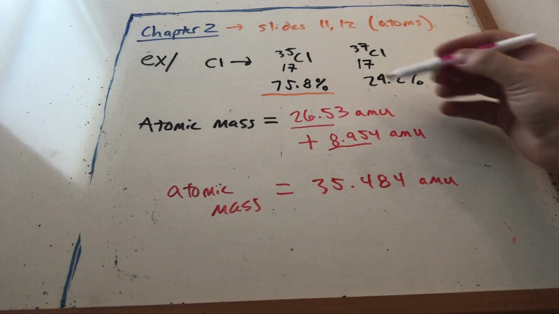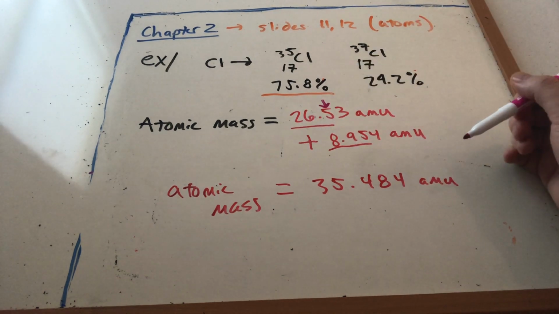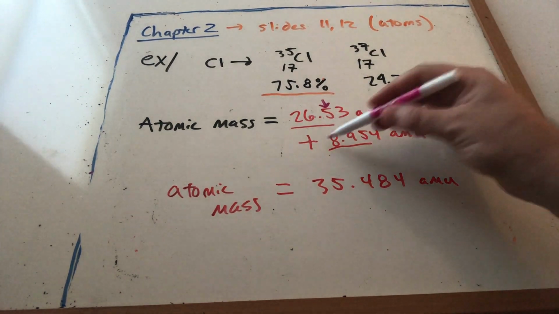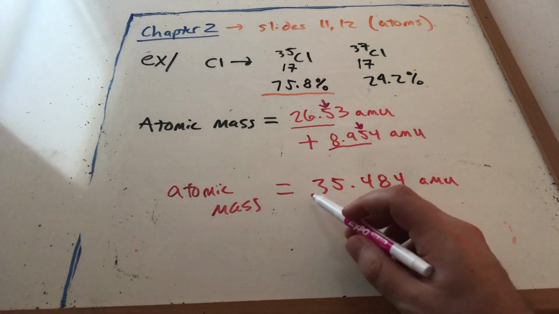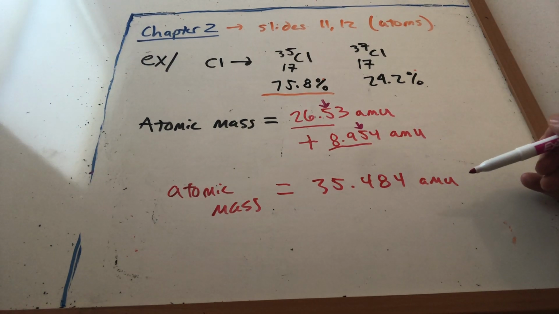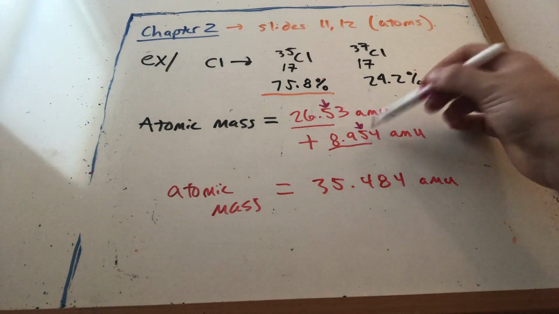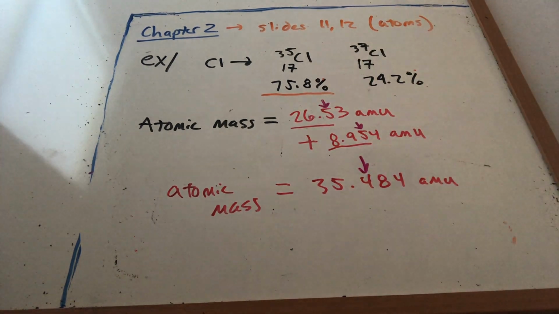This last step is addition. This number is good to the first place to the right of the decimal. This number is good to 2 places to the right of the decimal. So this number here, after this addition step, and that's why decimal place matters after this addition step, would be limited to 1 place past the decimal.